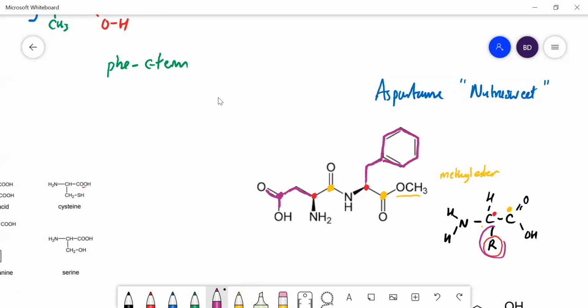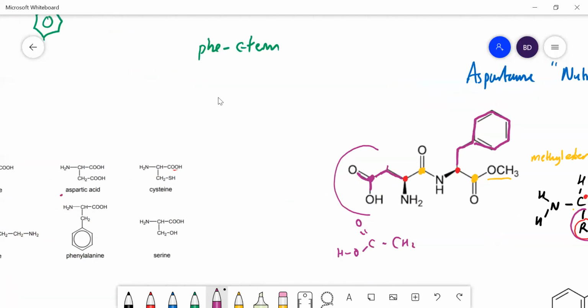Okay, and we can see which amino acid this is. This R group here is CH2, and then you've got another carboxylic acid group. If you have a look there, you'll see that is aspartic acid. There is aspartic acid, so that's what we've got here, and we've got phenylalanine on the right.